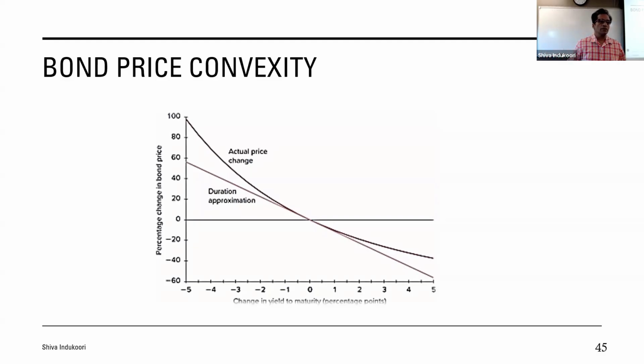The prices reflect a change to a given change in interest rates, but not always. Beyond a certain point of time, they react less. That's the reason they're not straight. They are convex. So when you apply the same to duration, duration is something you get because we are taking weights of the coupon payments every year.